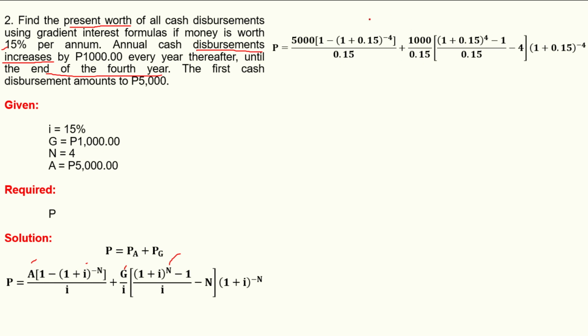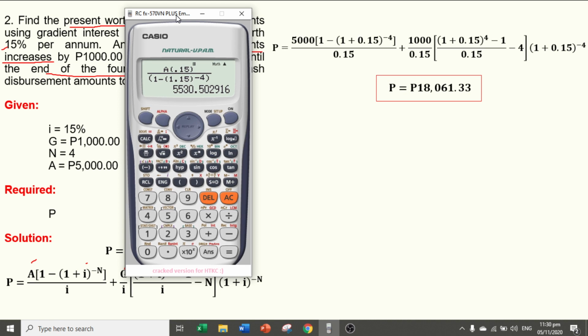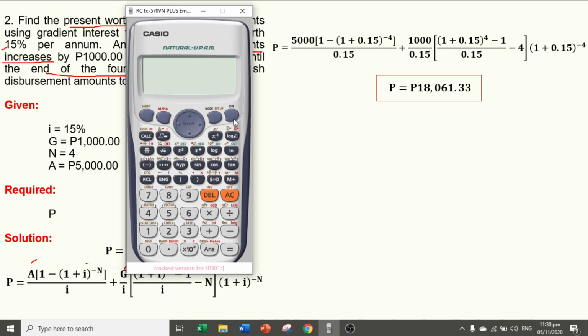Kapag sinolve natin to sa calculator, hindi ko na papakita kung paano sinolve, i-type nyo na lang sa calculator. Ang lalabas na value natin ng P ay 18,061.32. Okay?